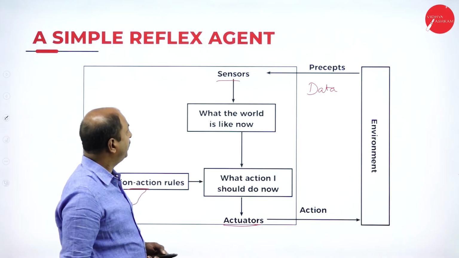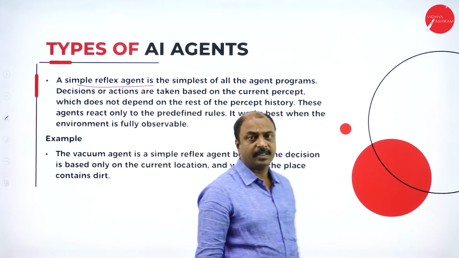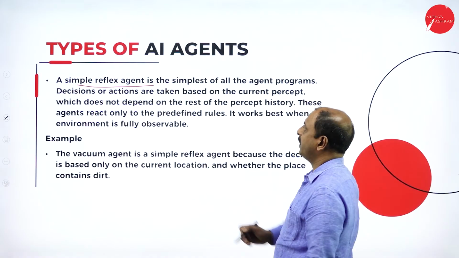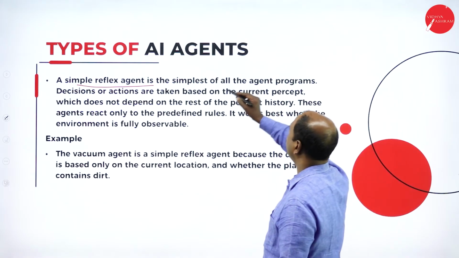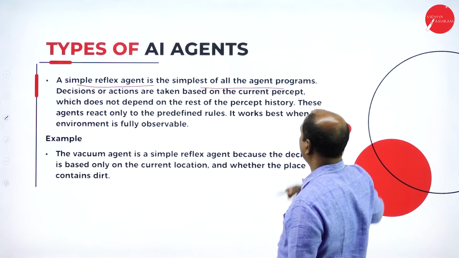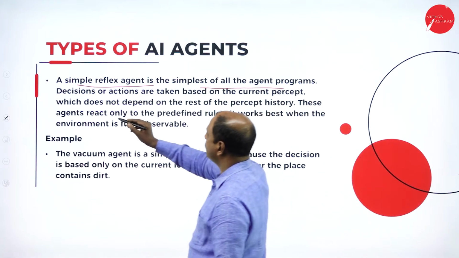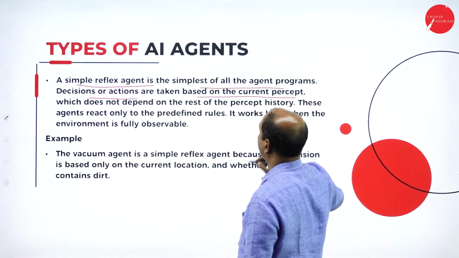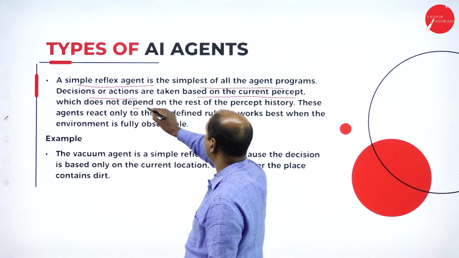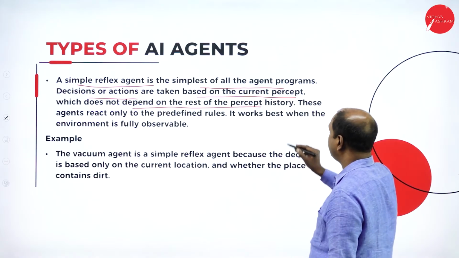Now let us see the first type of agent, that is the simple reflex agent. So what is that? It is the simplest of all types of agents, and decisions or actions are taken based on the current percept, which does not depend on the rest of the percept history.